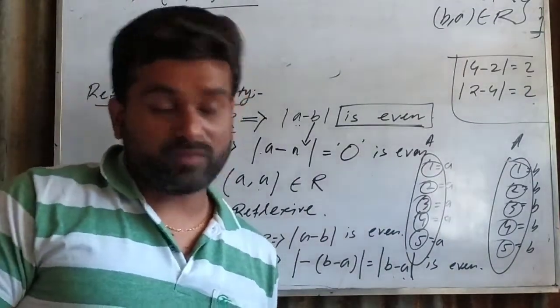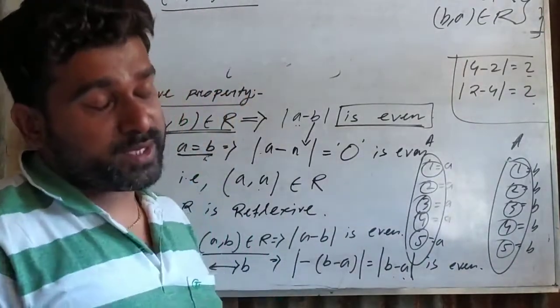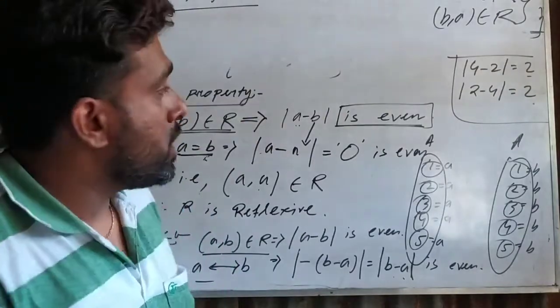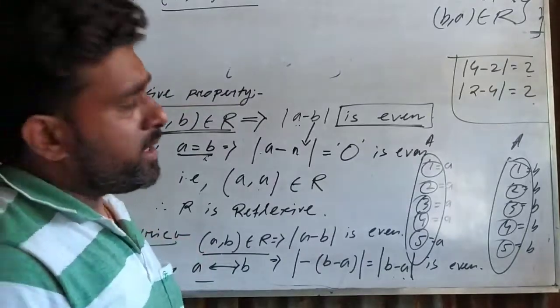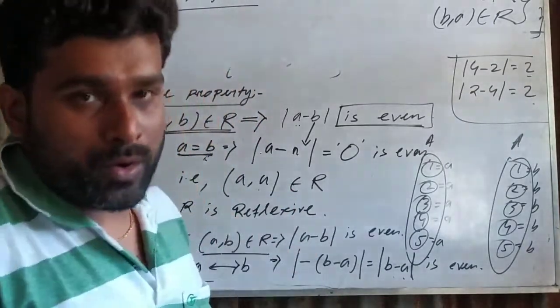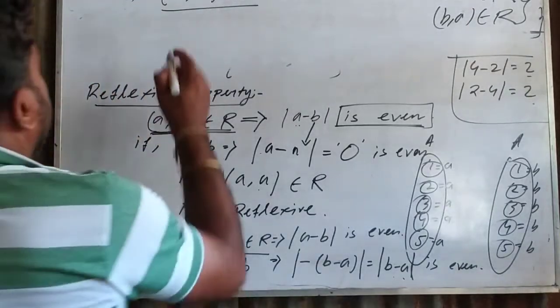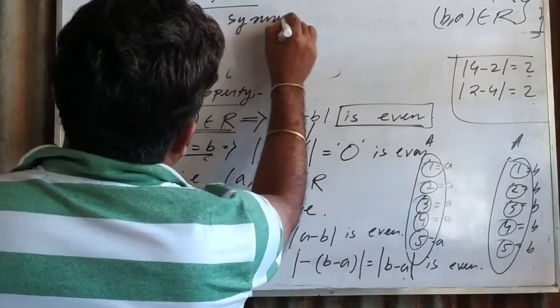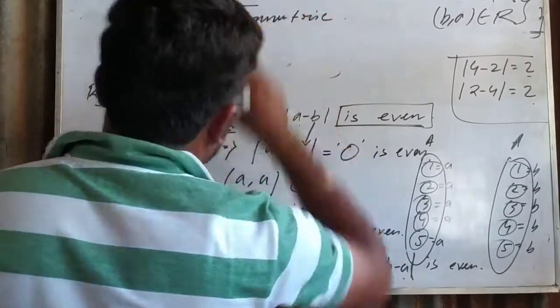You can choose different values of a and b from the given set 1, 2, 3, 4, 5, which you can see in the question, and check. So here R is symmetric.